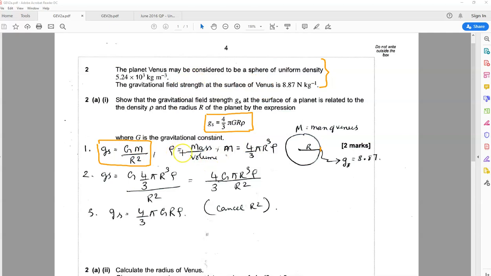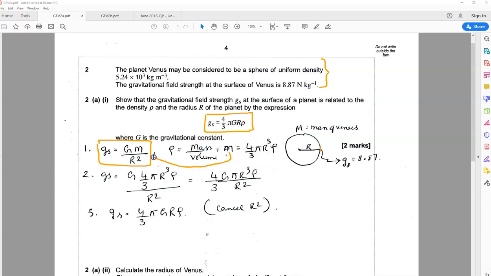However, we know that mass is related to density and volume: density equals mass by volume, so mass equals density times volume, where volume is 4/3 π r cubed. So now we've got the expression for mass.